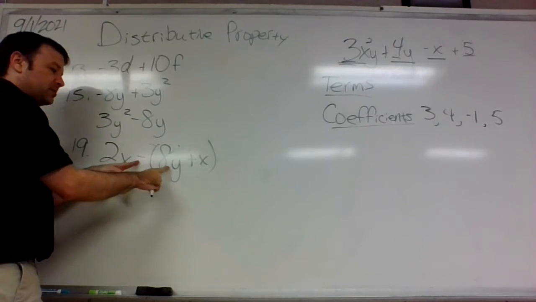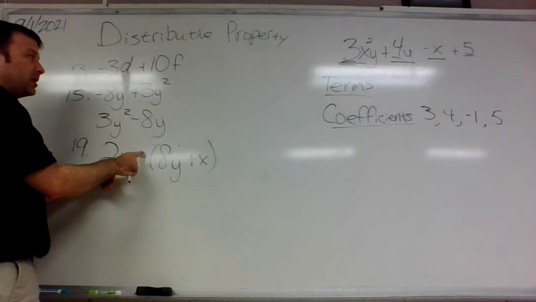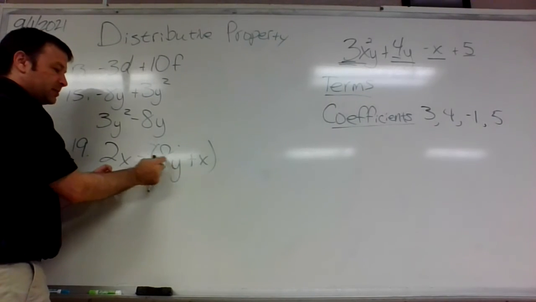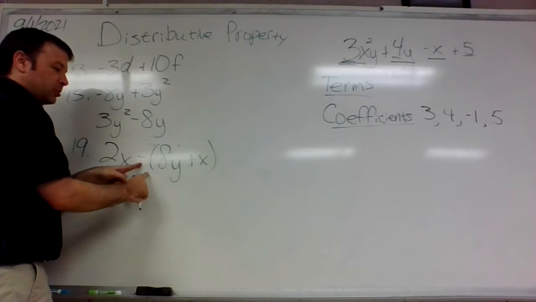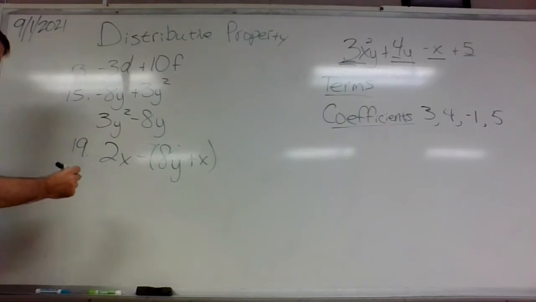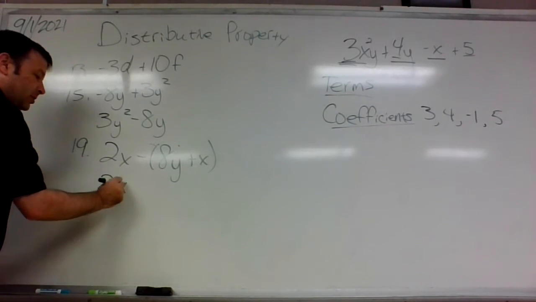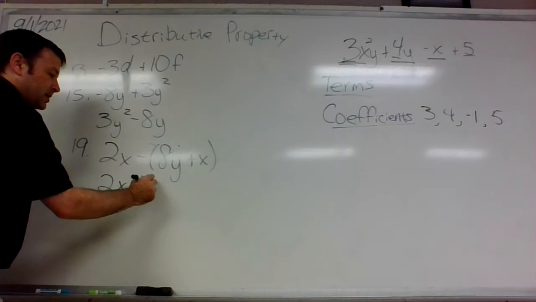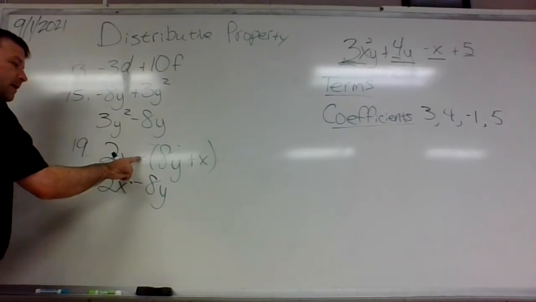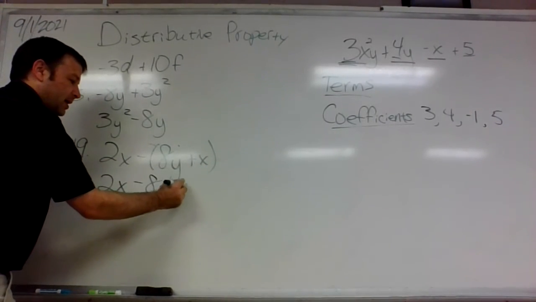So we're not just subtracting this, kind of like when you're multiplying. We don't just multiply this times this. We're really subtracting both of these. So I could rewrite this problem as 2x minus 8y minus x.